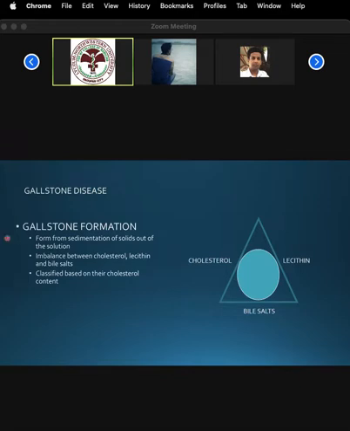Therefore, your gallstones are classified based on their cholesterol content. Now, your bile salts usually aid in the digestion and absorption of fat. 95% of your bile acids are usually reabsorbed into the enterohepatic circulation via the portal vein, and they return to the liver. 5% are usually excreted in feces.